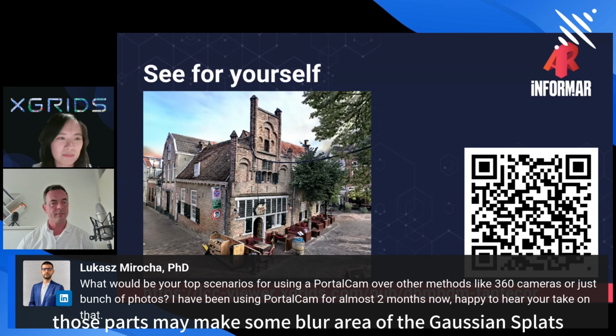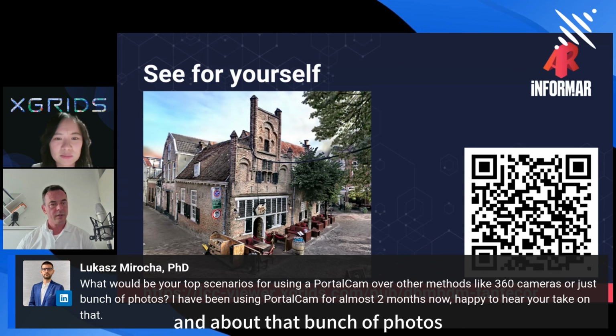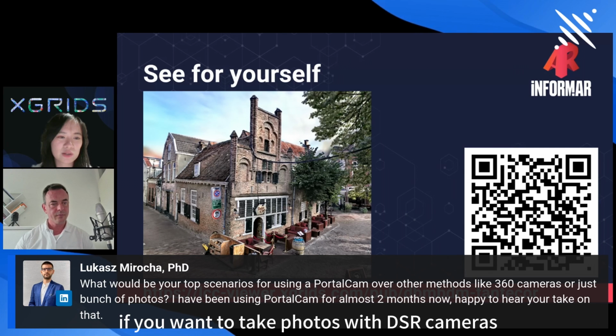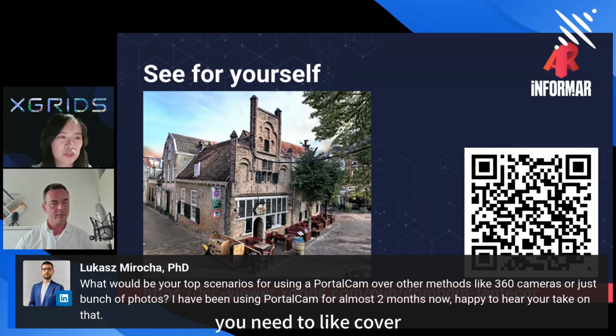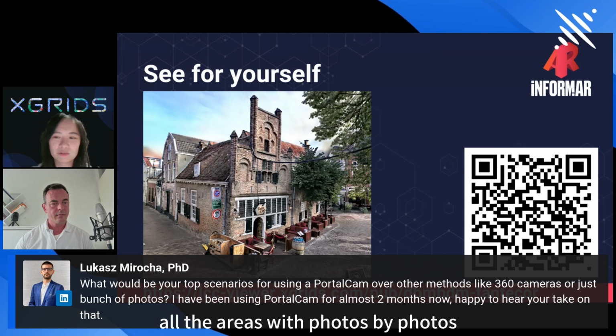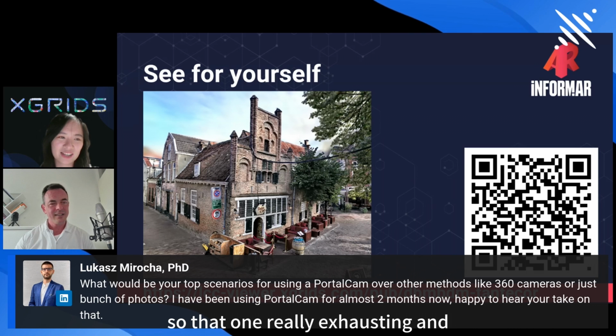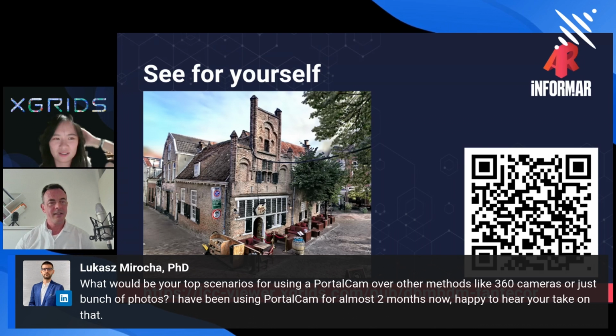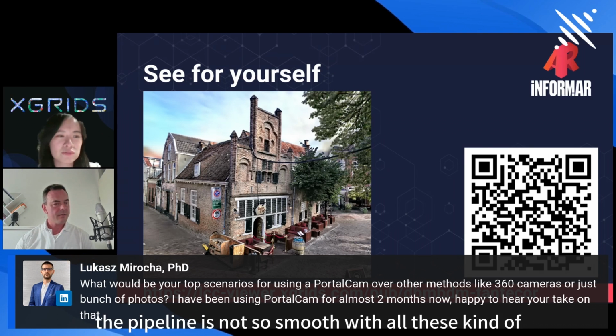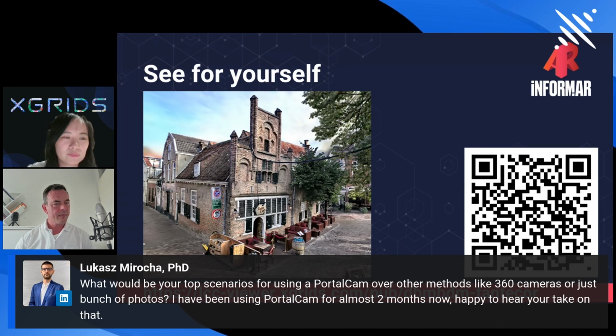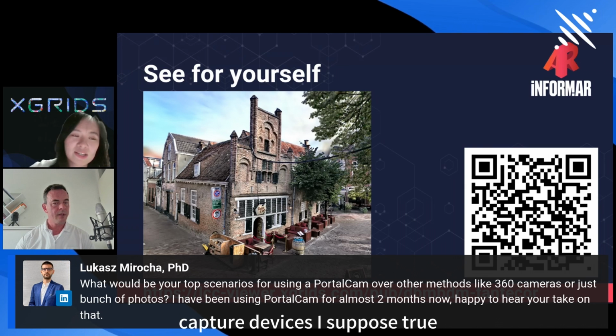Those parts may make some blurry areas in the Gaussian splats. And about a bunch of photos, if you want to take photos with DSLR cameras or your cell phone, you need to cover all the areas photo by photo. That's really exhausting. And still, the pipeline is not so smooth with all these kinds of capture devices, I suppose.